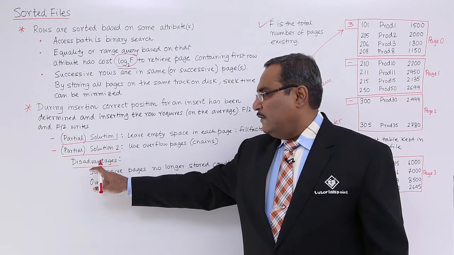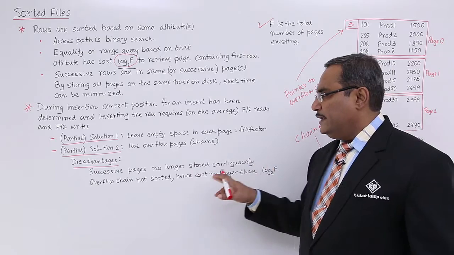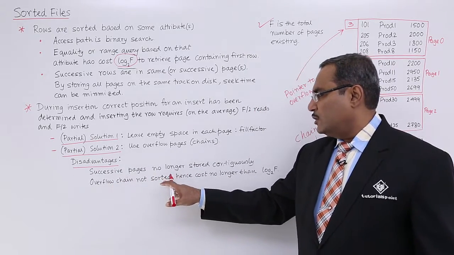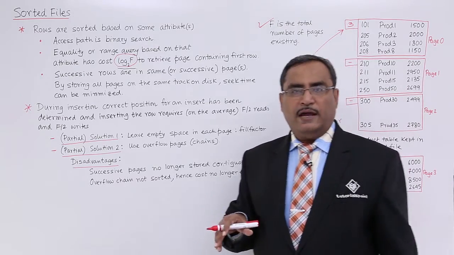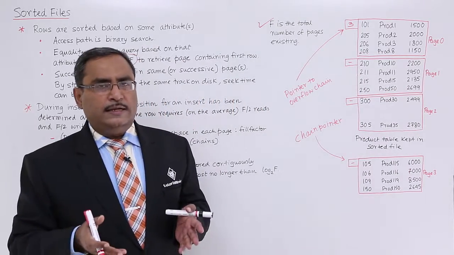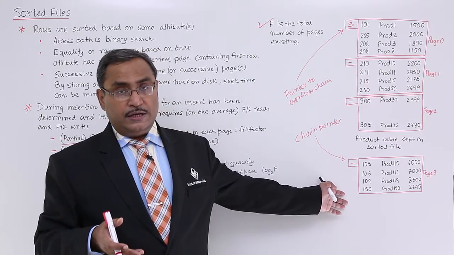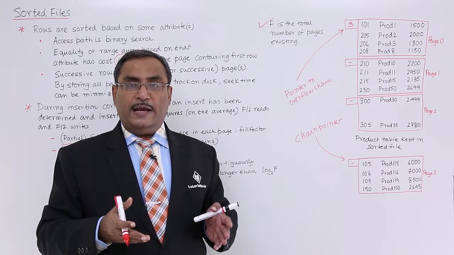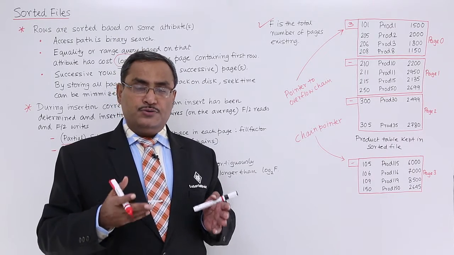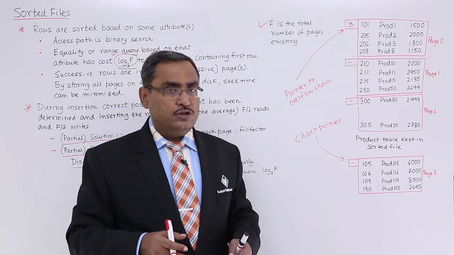The disadvantages: successive pages are no longer stored contiguously, and overflow chains are not sorted, hence the cost will no longer be log of f to the base 2. These are the disadvantages if you go for overflow chains. And obviously it is also very costly to have f by 2 page reads and then f by 2 page writes on the average.